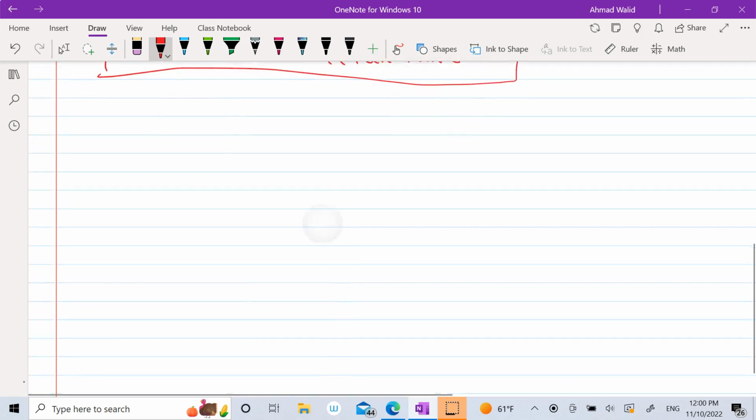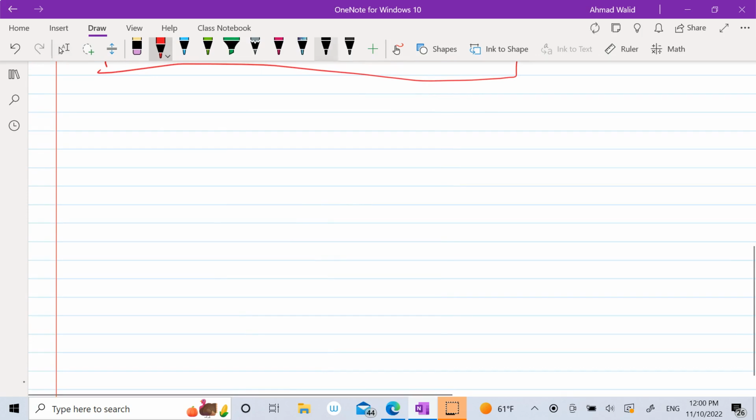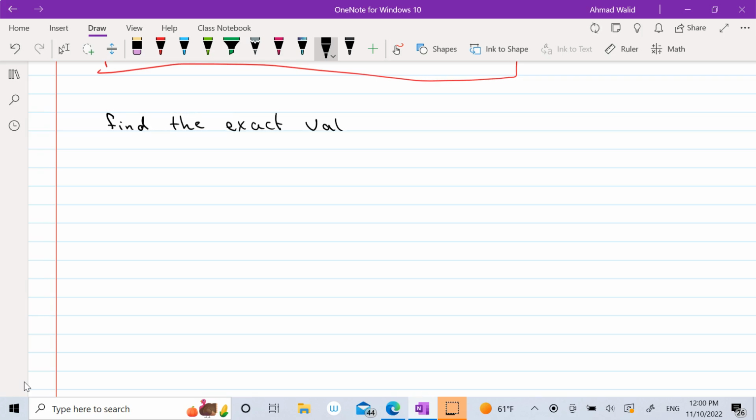Example. Find the exact value. Sine of 75 degrees. Again, I know 75 degrees is not in the unit circle.